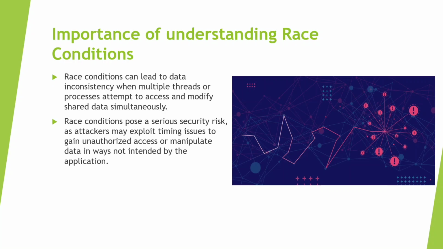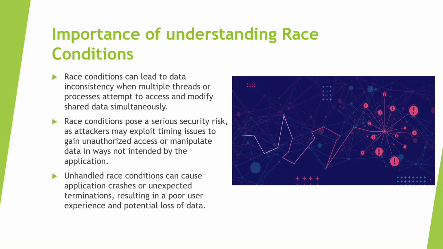It also poses a serious security risk, as an attacker may exploit timing issues to manipulate data and access unauthorized data. An unhandled race condition can cause the application to crash, and it can also be used to perform a DOS, denial of service attack, on a web application, which can result in the loss of data and loss of resources for the web application and the organization.